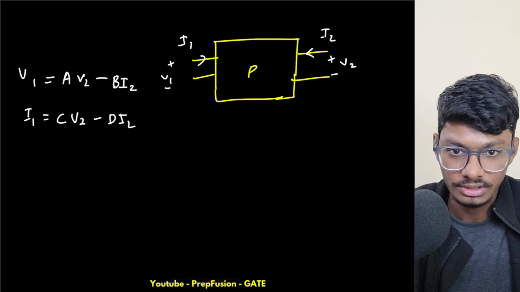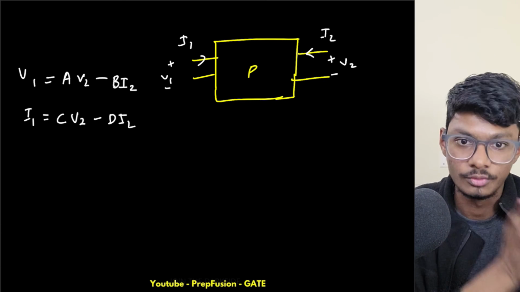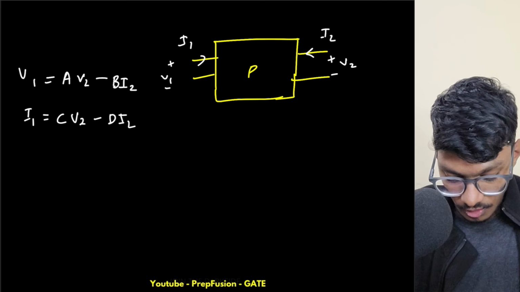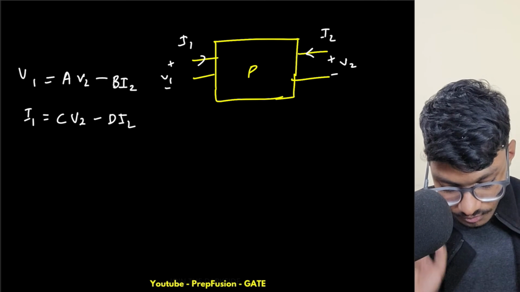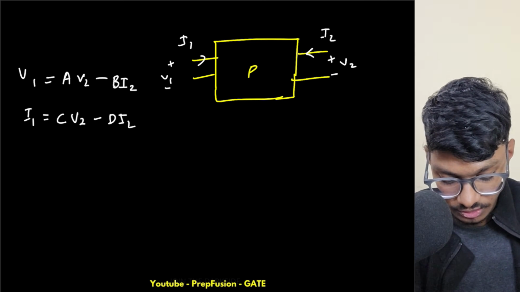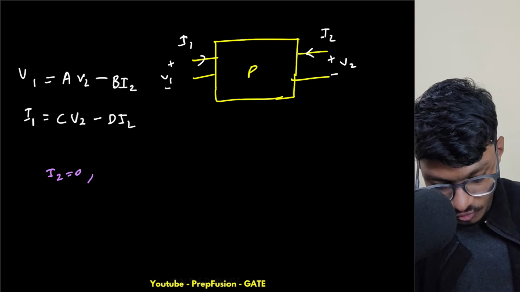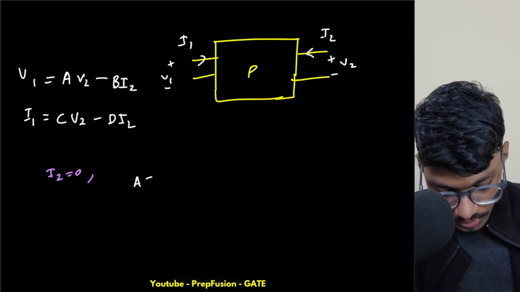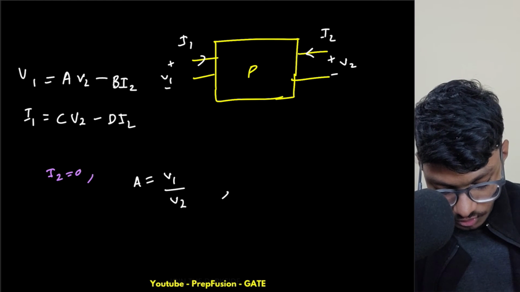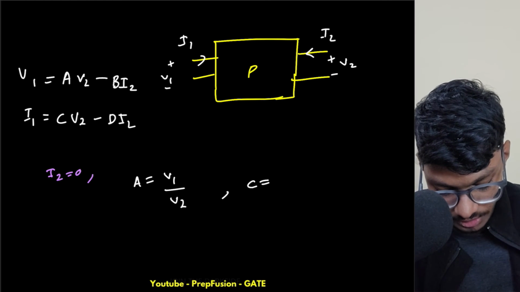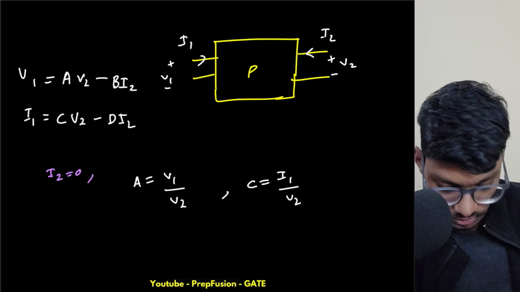I also tend to forget these ABCD parameters, so that's how I remember. I just write this down. It will take you 5 seconds, but that's fine. At least you will do your question correctly. Now what will be my A, B, C and D values? For A, the first thing you can do is make I2 0. If you make I2 0, your A will be V1 by V2, and your C will be I1 upon V2.